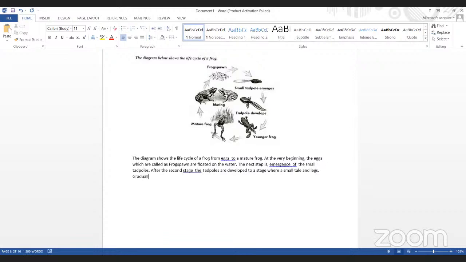Gradually, right, the body of the tadpole develops, right?